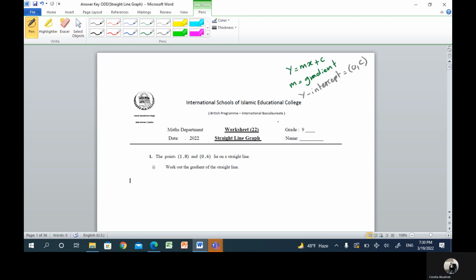Okay. And one more thing that we need to know about m: m equals the difference of y over the difference of x.